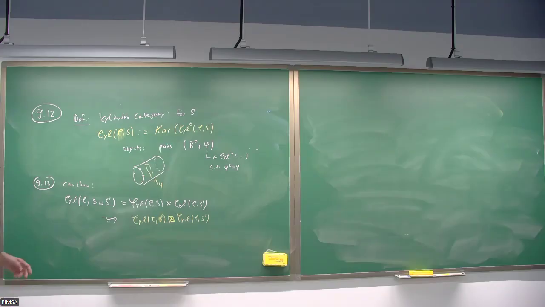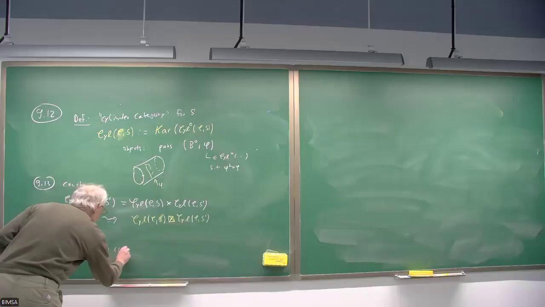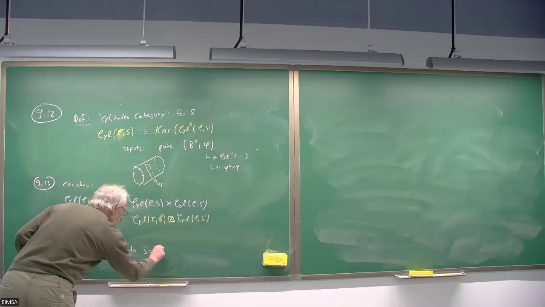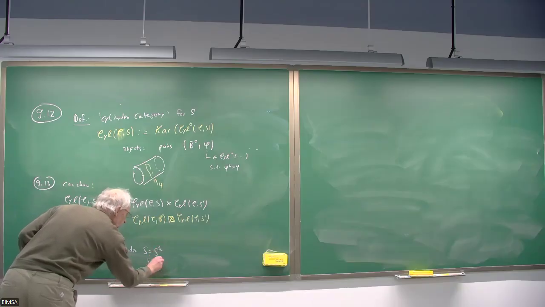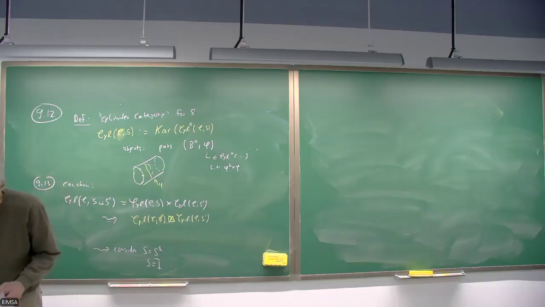And that means, in particular, that we can consider just S equals circle or S equals the interval, and then everything else will follow.